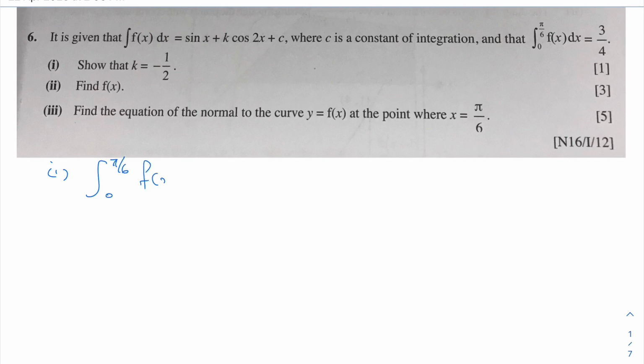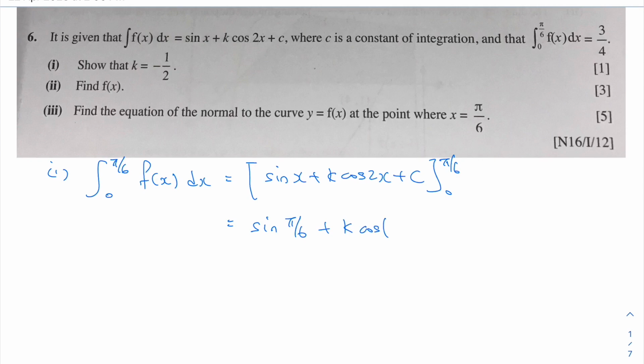From 0 to pi over 6 for the function, we get sine x plus k cosine 2x plus c over that same limit. So we put the limits in. 2x is pi over 3 plus c.